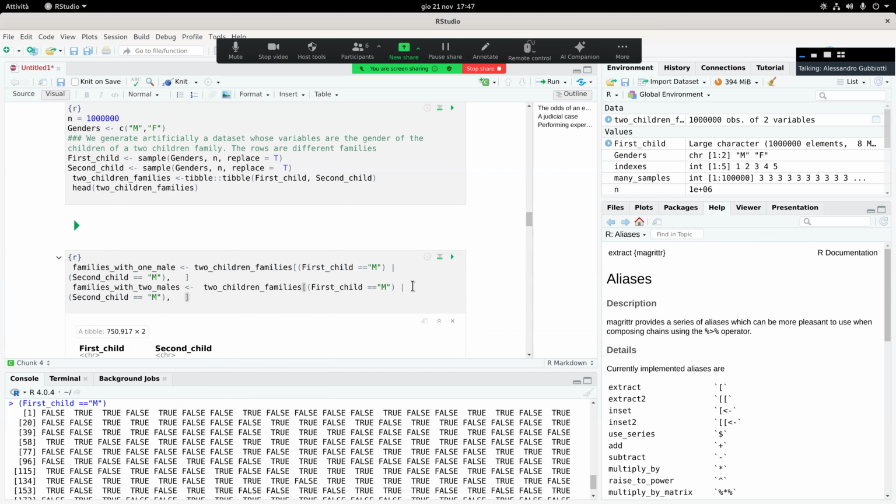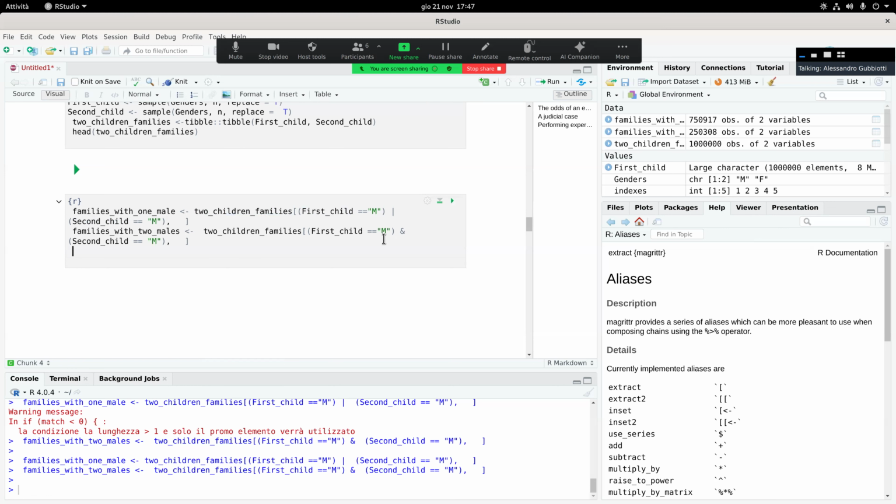So an and is written in this way, I guess. Let's check if it is correct. It seems yes. So let's check the number of elements of each one of these vectors.